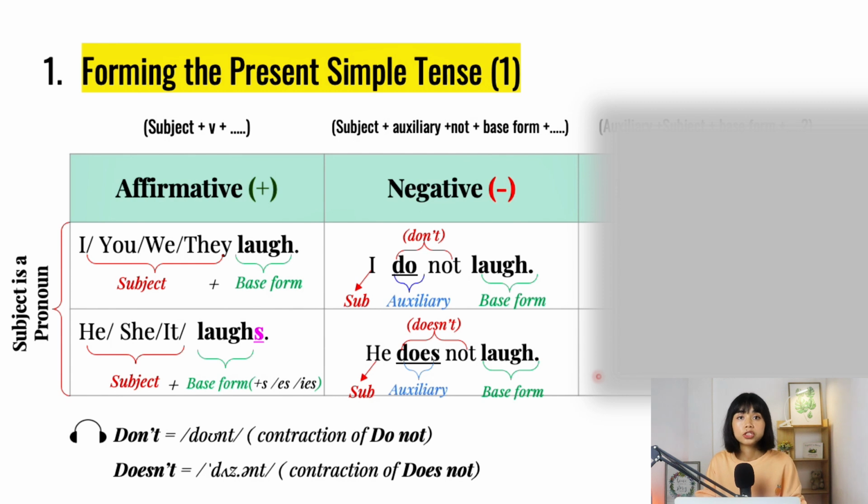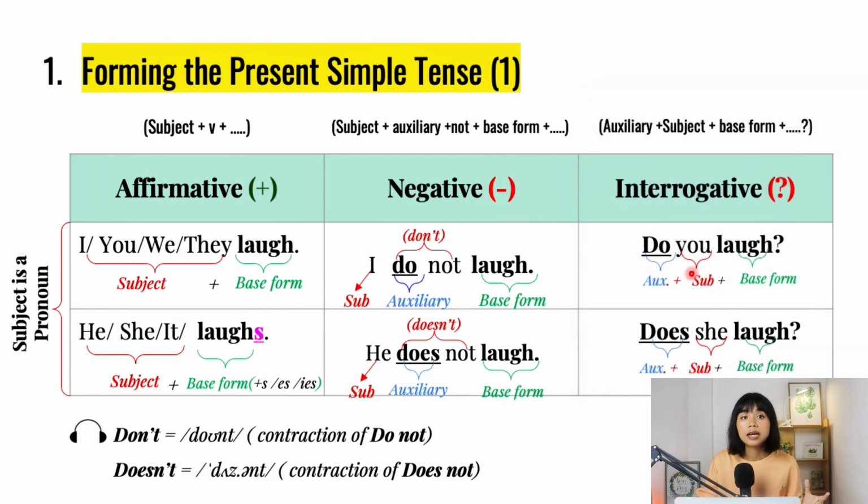So now let's move on to the interrogative form, which is also known as the question form. So just like the negative sentence, we also need the auxiliary verb to form the question. And in the present simple, we use the same auxiliary verb, do and does. But the difference is where we place the auxiliary verb in the sentence.